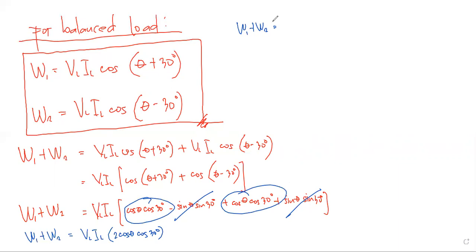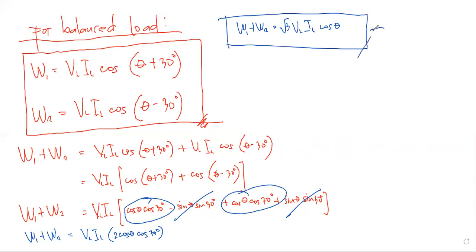If you calculate directly 2 cosine of 30, you will have an answer of square root of 3 VL IL cosine of theta, which is actually the three-phase power formula.